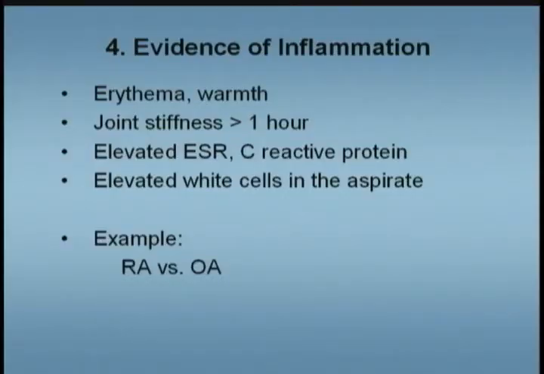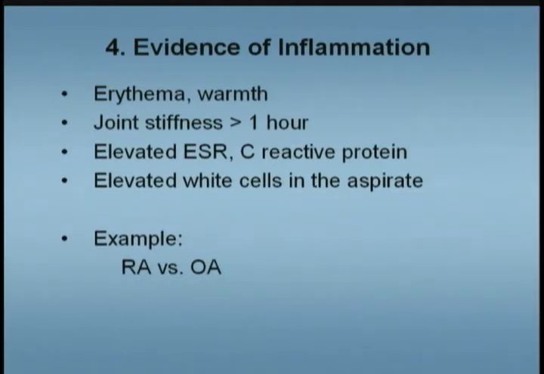For example, a patient with rheumatoid arthritis or lupus will always have an elevated SED rate and C-reactive protein. A patient with osteoarthritis or with arthritis from a viral syndrome usually has a normal SED rate and C-reactive protein.